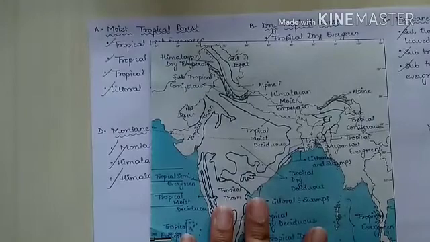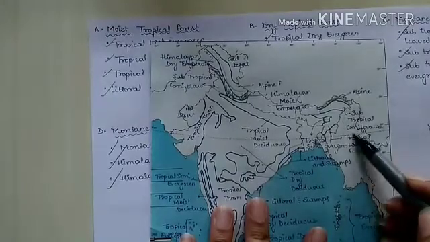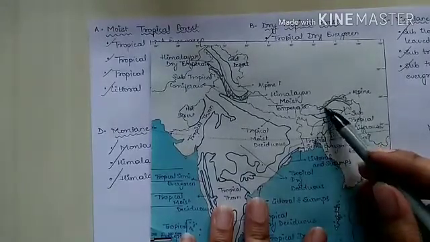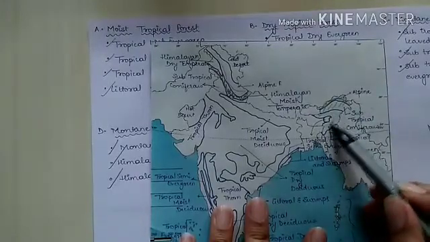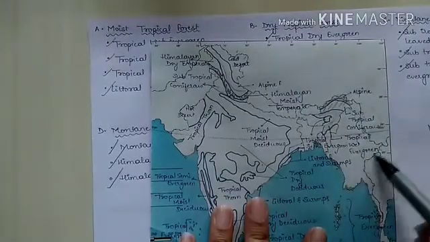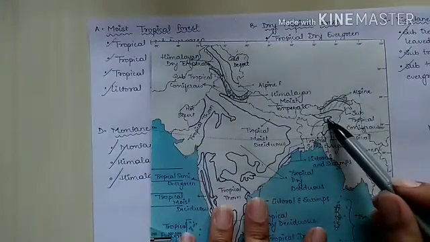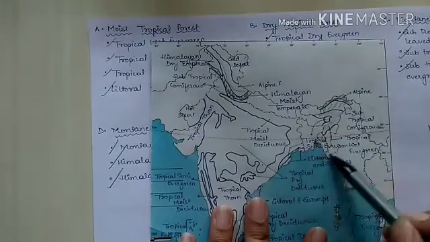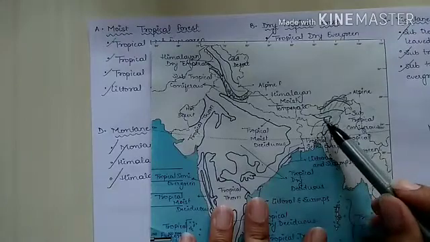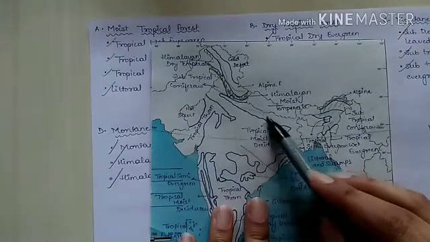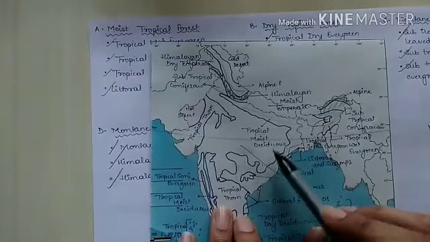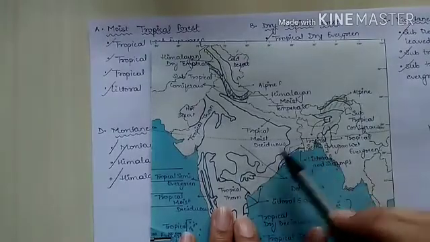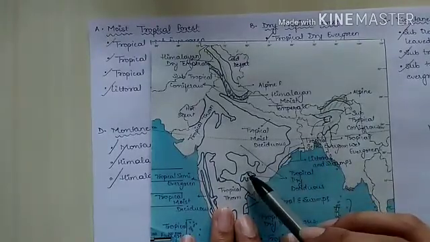Below that we have subtropical coniferous, and this area is tropical wet evergreen. This area is tropical semi-evergreen forest. The whole of this area is our tropical moist deciduous forest, which includes patches of tropical dry deciduous.